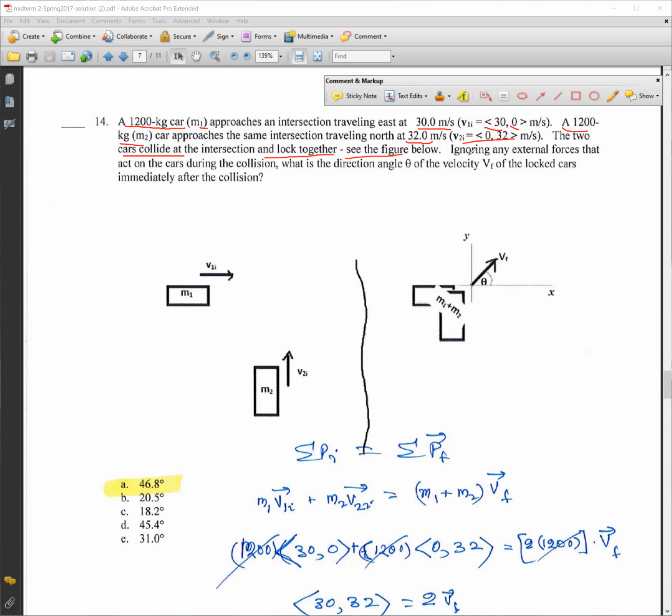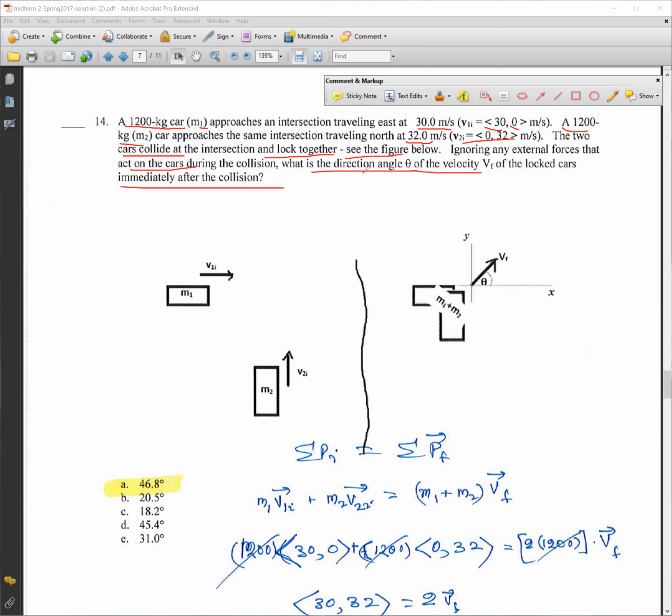See the figure below. Ignoring any external forces that act on the cars during the collision, what is the direction angle theta? And we're looking for theta, so that's the difference between what we had in midterm 2019. We're looking for the direction angle theta of the velocity v final of the locked cars immediately after collision.